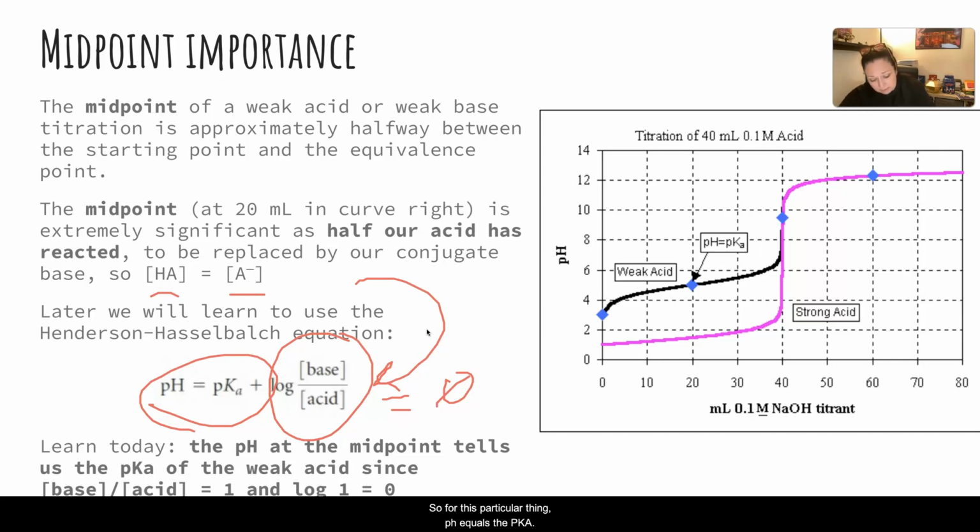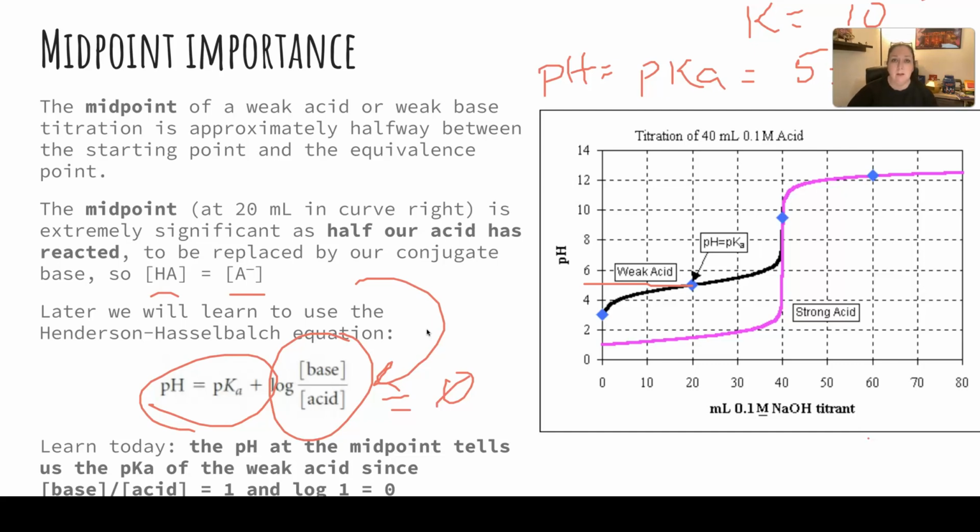So let's say the pH is 5. So 5 equals the pKa. Now I can solve for the Ka, and the Ka for this one would be 10 to the negative 5, or you could say 1 times 10 to the negative 5, it doesn't matter.